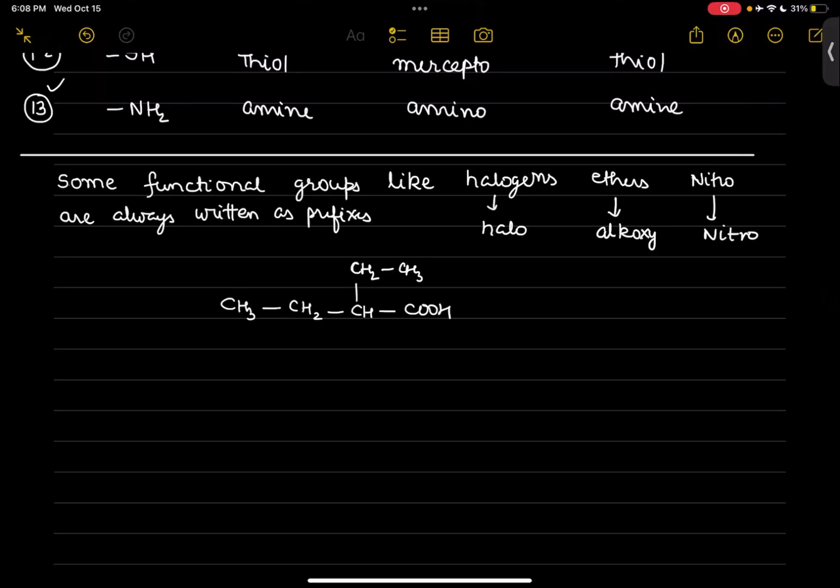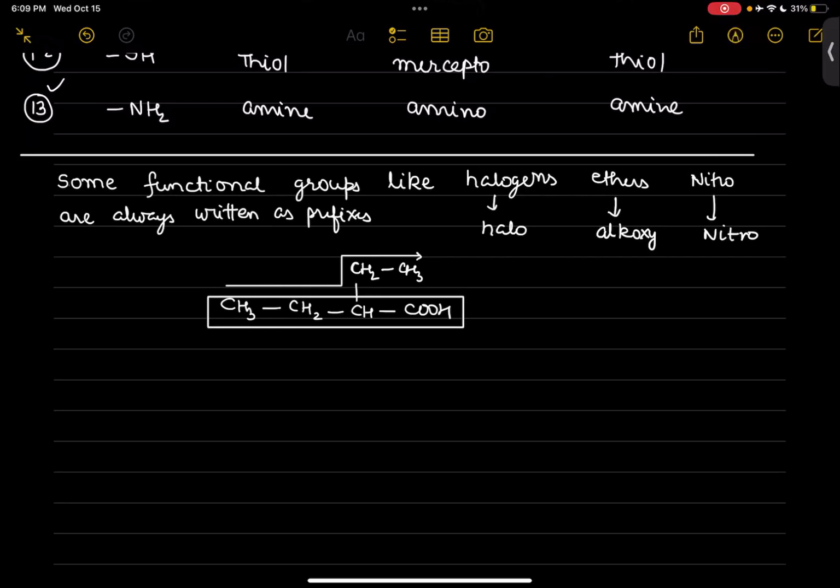It should have that principal functional group. So the longest chain is this one, which has 5 carbon atoms. But the parent chain is not that one. It is this one. Getting my point? Yes, the longest chain is this one. Got it?